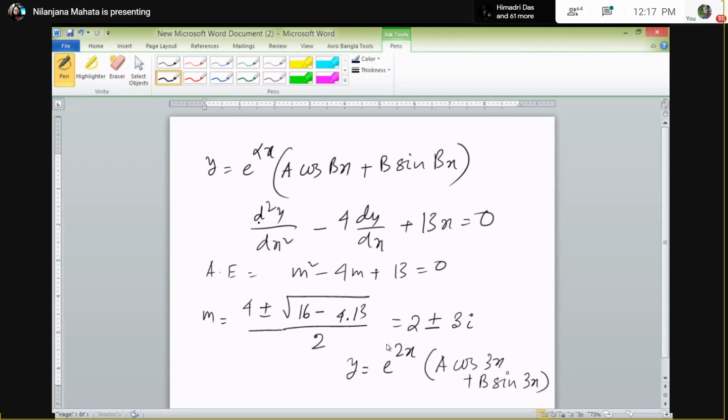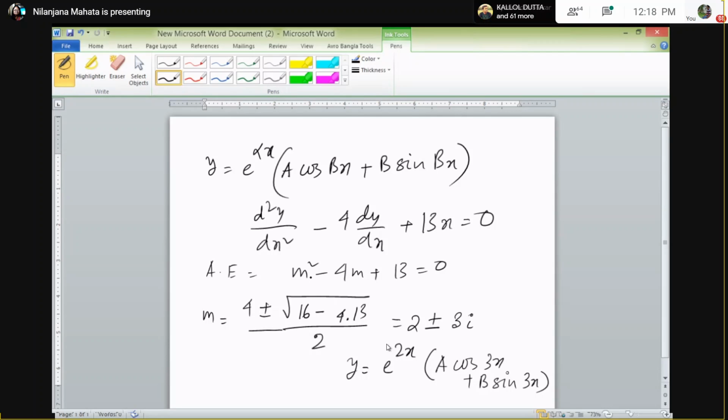Okay, the order of this differential equation may be greater than 2. That means there may be a pair of complex roots and some real roots. So you will have the solution with the cos and sin terms plus some e to the power terms which are real, not complex roots of the auxiliary equation.